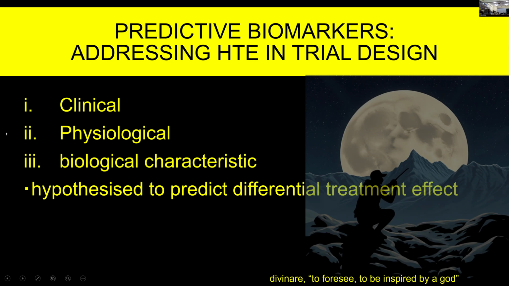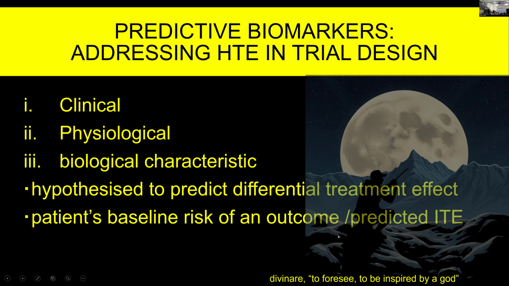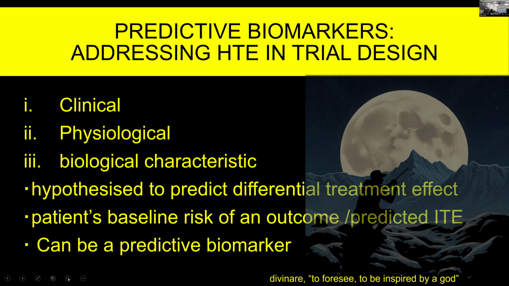People with high creatinine will have less benefit or will actually be harmed by this drug rather than benefit. So that's the time to predict based on these clinical factors, the patient's baseline risk of an outcome or the predicted individualized treatment effect. So we're trying to see if any of these biomarkers can predict that. Right? Okay.